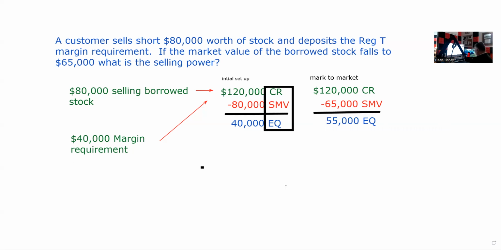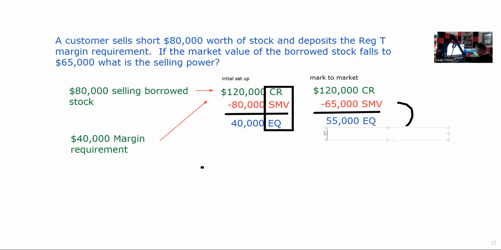So now we're going to compare that. You say, well, Dean, in my long account, when it went up, I generated excess equity, SMA, that I could have as buying power. Is that similar here in a short account? I say, indeed it is. So what we want to do now is compare Reg T. Reg T here is going to be half of the 65.